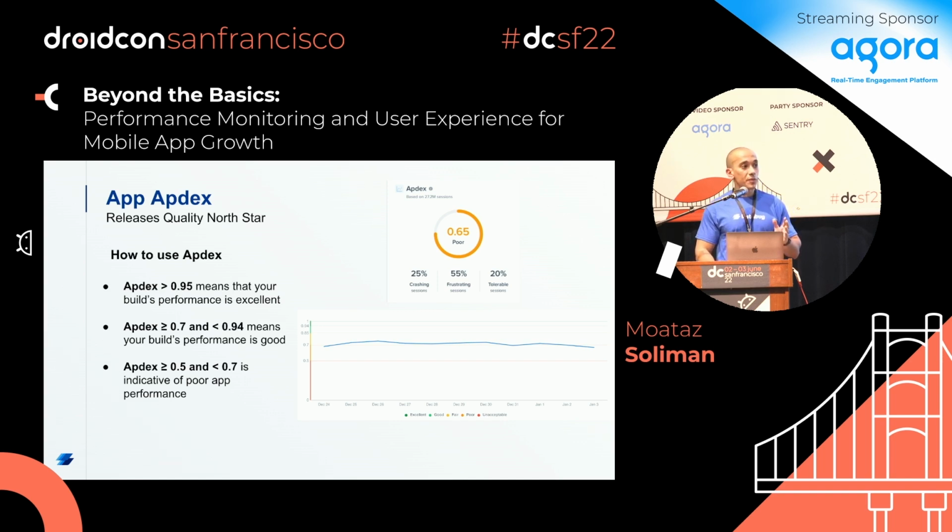You can see that if the app abdex is starting to dip below 0.7 or something, then maybe that's the time to pause feature development and allocate more cycles to enhancing the app performance, while making sure that whatever enhancements you do are things that the users are actually going to feel, because you're fixing issues that they're actually perceiving while using the app.